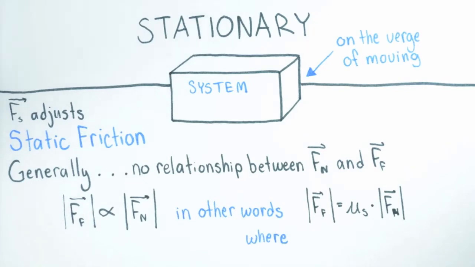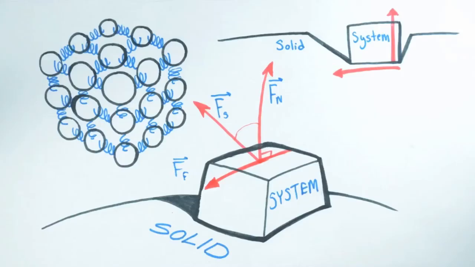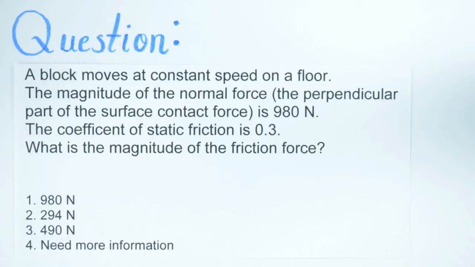Here, mu sub s is called the coefficient of static friction, and it's a constant that depends on the properties of both the system and the solid in contact with the system. We'll use these models in later lectures to solve problems. However, for now, we'll conclude this lecture with this question. Go ahead and give it a try.